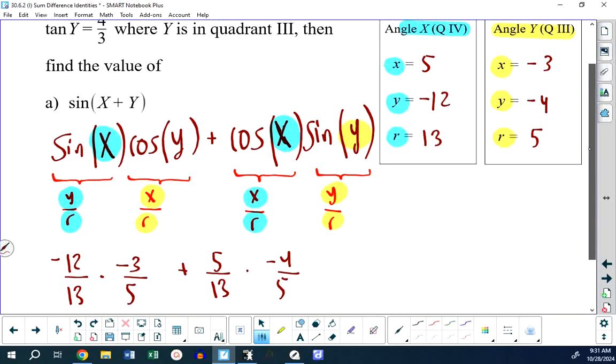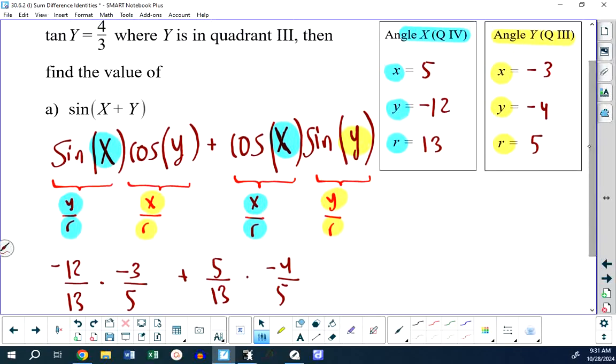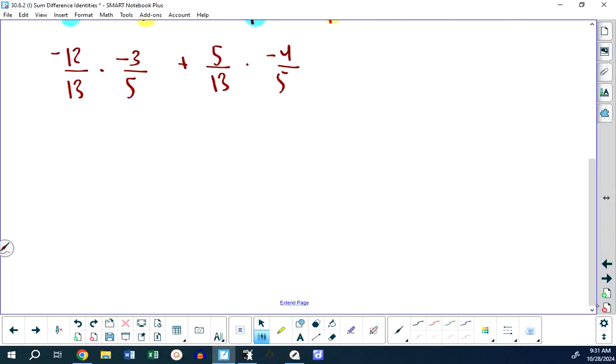I would always double check things here. Like meaning I would. I'm not saying you should, although I am saying that too. Negative 12/13, negative 3/5, 5/13. Good, we're okay. So these are both going to be fractions over 65.